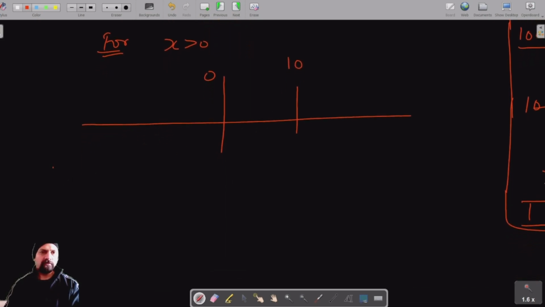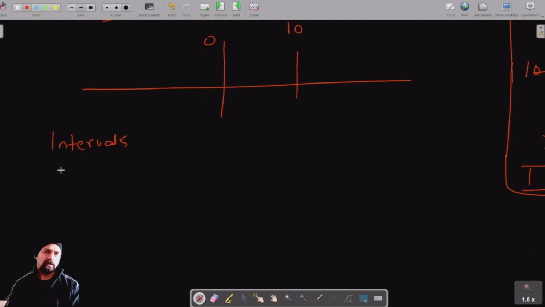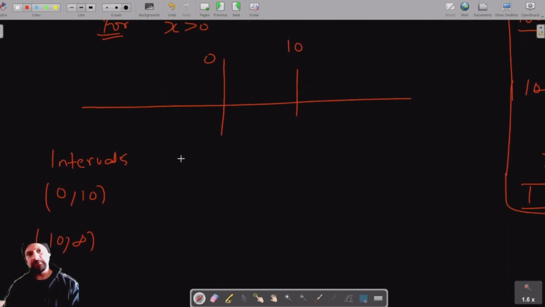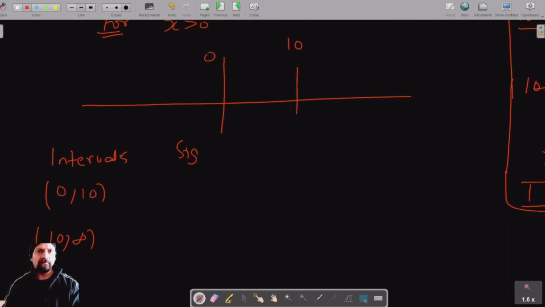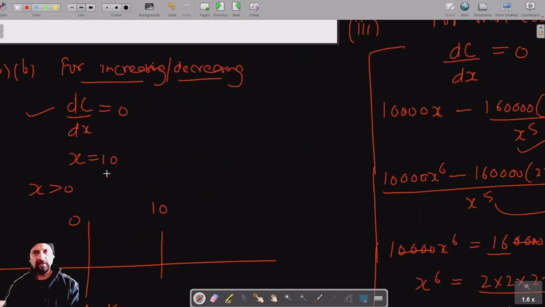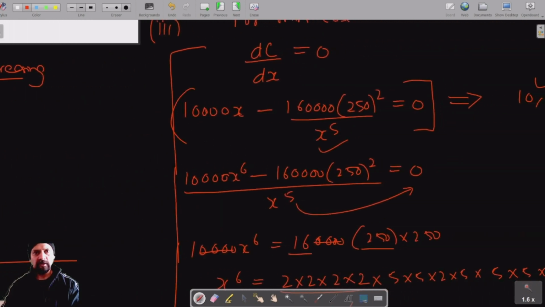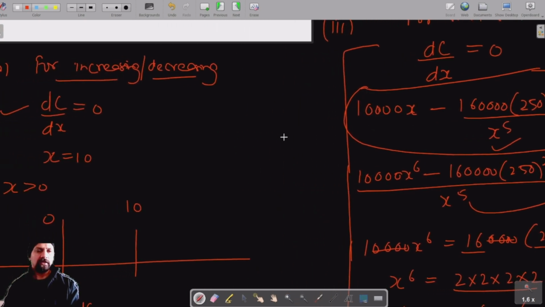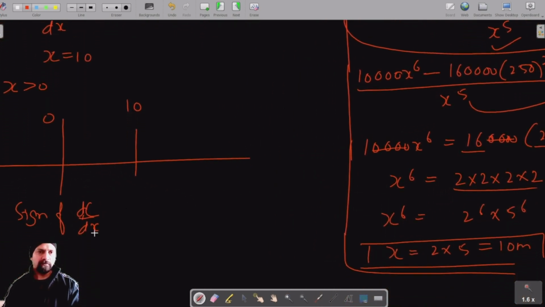So our intervals are 0 to 10 and 10 to infinity. Now the sign of dc by dx for 0 to 10. For 0 to 10, it will be negative.